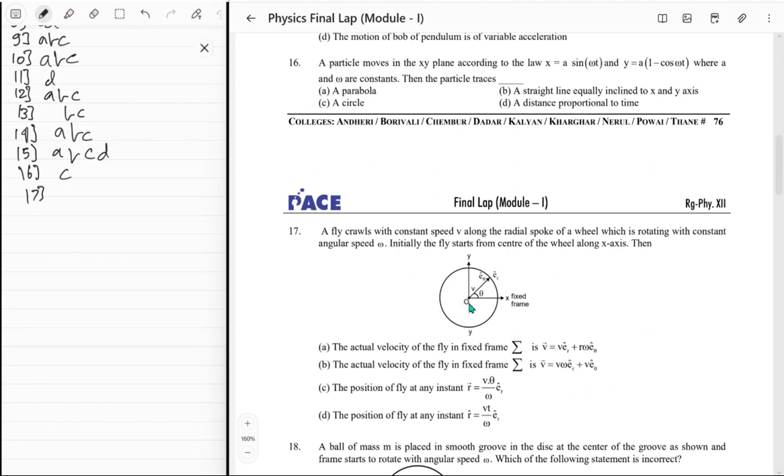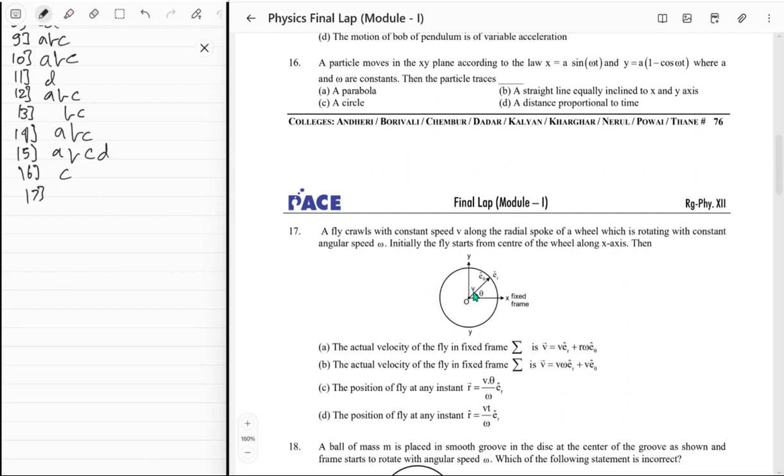So it's like the actual velocity of the fly in the fixed frame, the xy frame. That is v is equal to v e_r plus r omega, of course, it's just that, right?